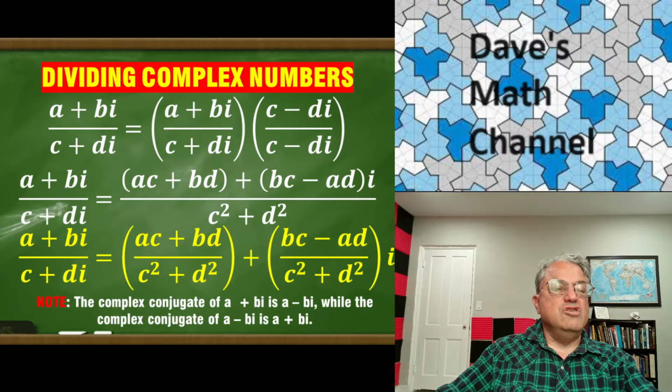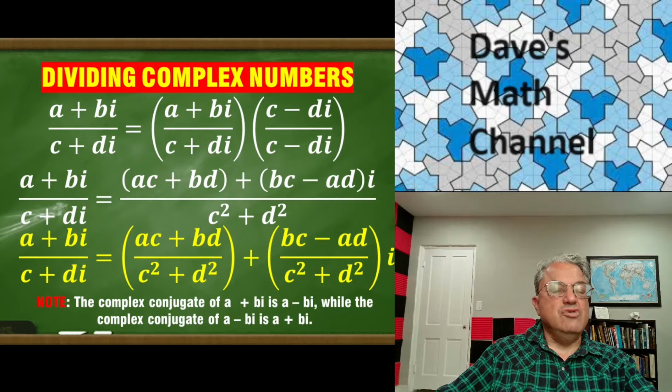Say you want to divide the complex number a plus bi by c plus di. There's a trick for doing this, and the trick is to multiply both the numerator and the denominator by the complex conjugate of the denominator, because that'll give you something real in the denominator. In the end, you want a denominator that's real.